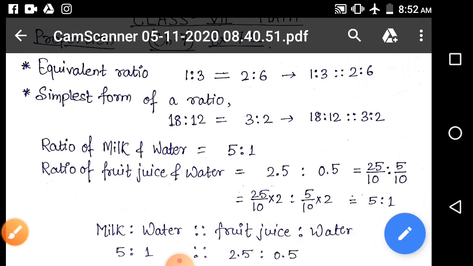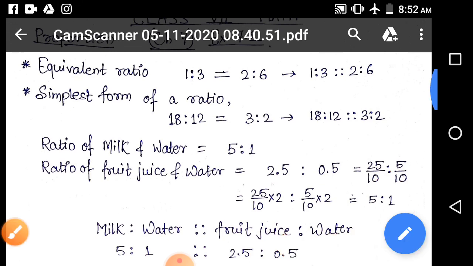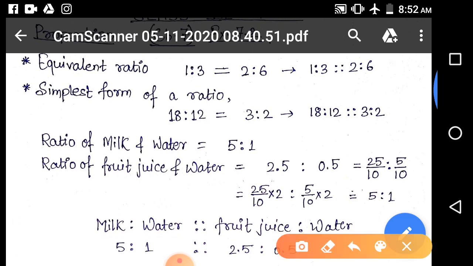After multiplying the antecedent, that is the first term, by 2 and the second term also by 2, we will get 5 is to 1 again, that is the ratio of fruit juice and water in the simplest form.